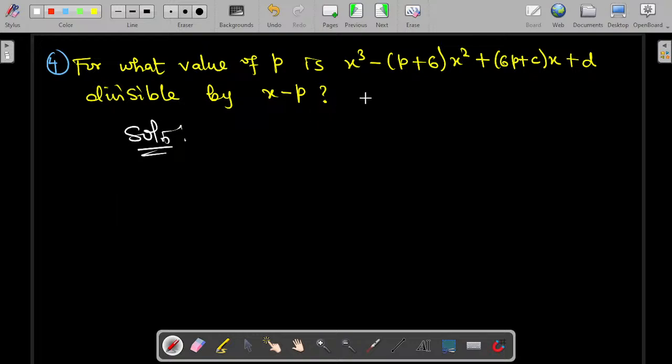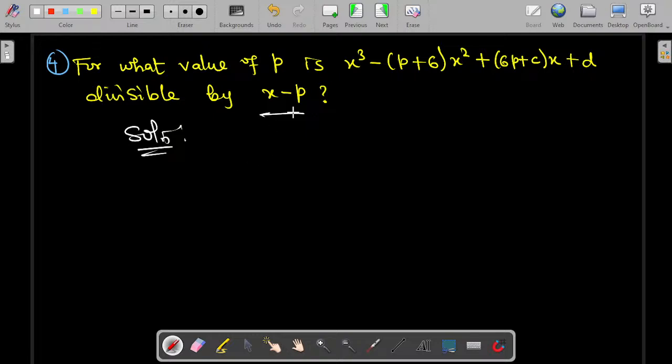Now this is a cubic polynomial and it's divided by this, and we are asked to find the value of p that will make this a factor of this. So what is this person expecting you to use? He's expecting you to understand the concept of factor theorem. And what is that?